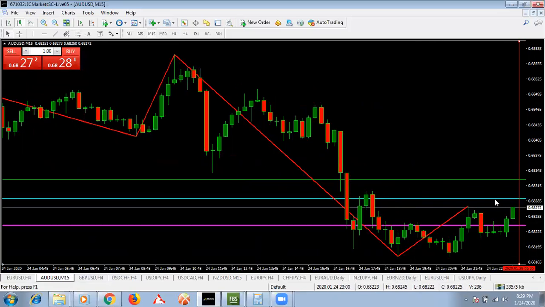I'm considering this level or this level. The bulls might push the price to this level, so you might consider selling somewhere around this level. But right now, using the 4-hour, 1-hour, and 15-minute time frames, the market is bullish.